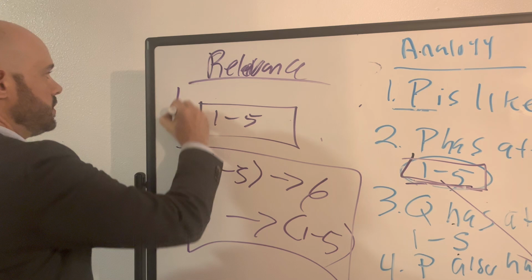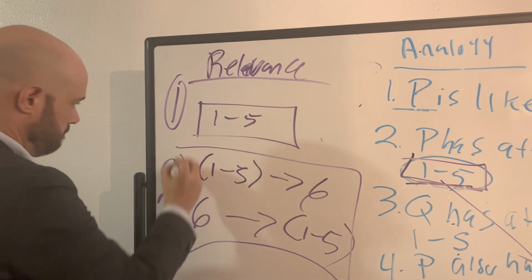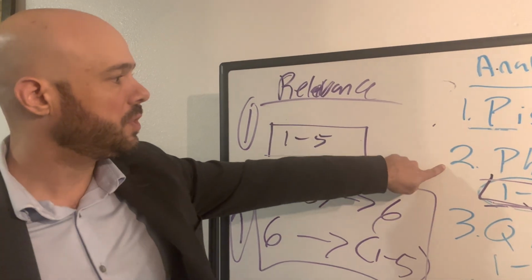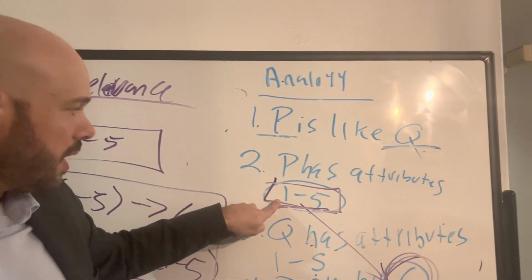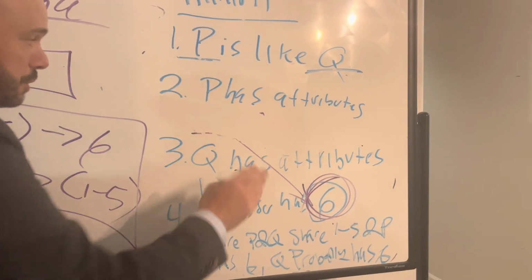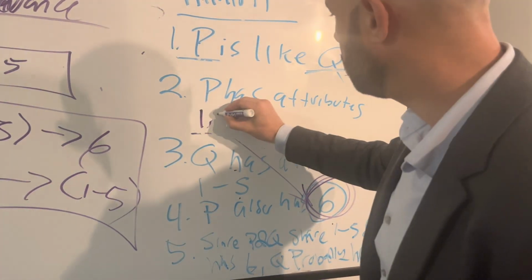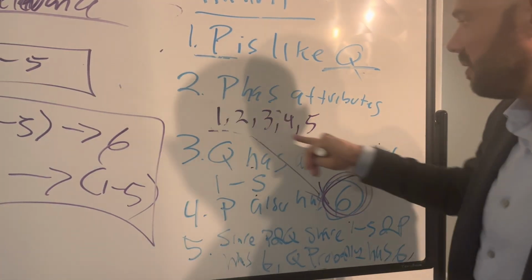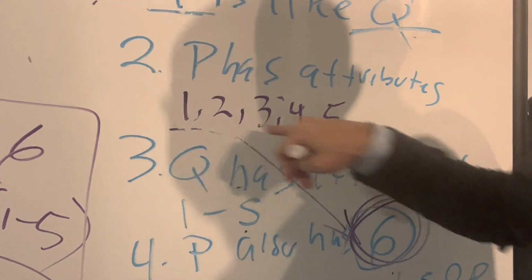So we'll do this first, and we'll do this second. When you're talking about having attributes 1 through 5, you need to list them, attributes 1, 2, 3, 4, 5, and the number of them isn't super important. You don't have to have exactly 5.